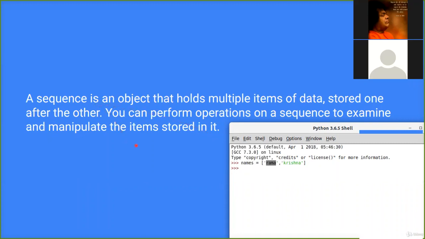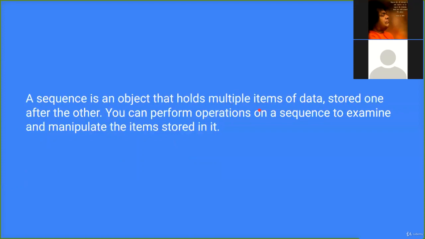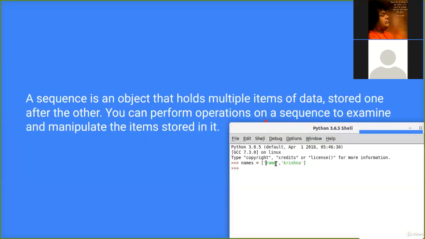Now we can perform operations upon these sequences, and we can manipulate the items stored in them. We have three different sequences in Python: lists, tuples, and dictionaries. Here I have shown you a special type of sequence called a list.